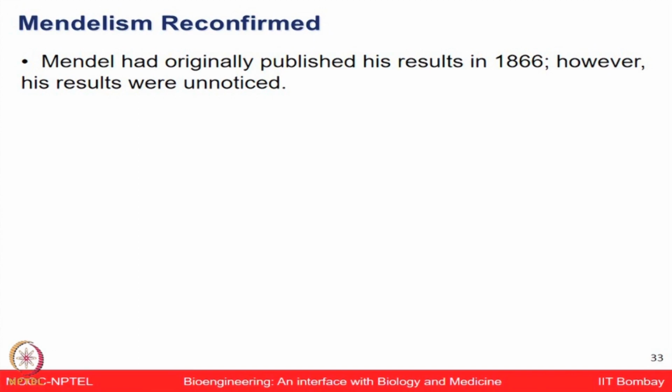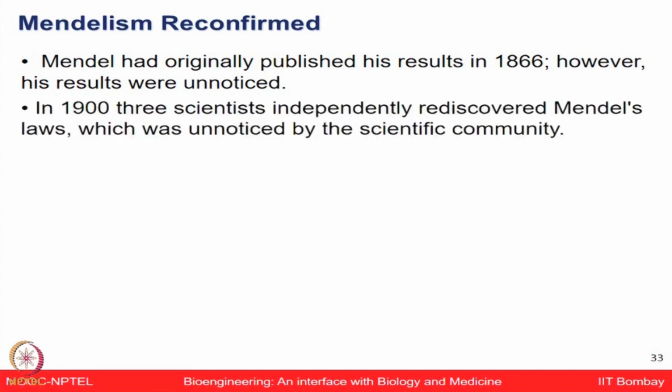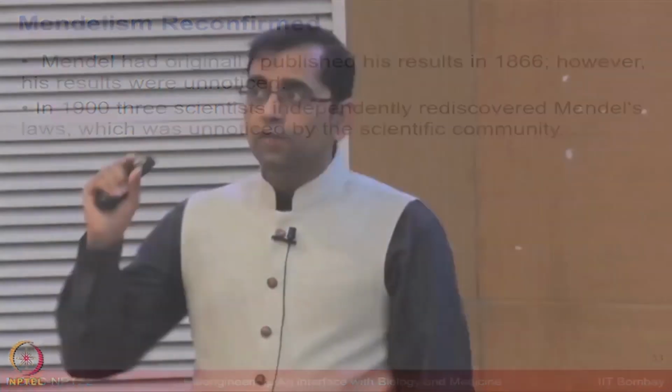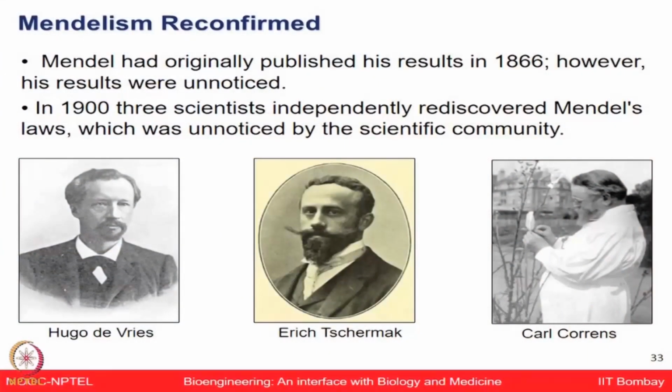Many scientists over the period in the 19th century were independently working on different genetic laws. They were also looking at Drosophila, the fruit fly, as a model system to study inheritance. And interestingly, they came to conclusions which were exactly the same as what Mendel had already made several years ago. These three scientists, Hugo de Vries, Erich Tschermak and Karl Correns, made the same conclusions that Mendel already made in the 1860s.